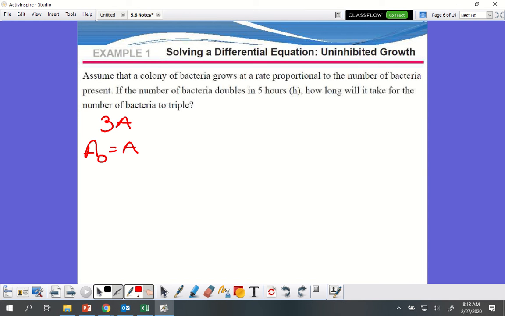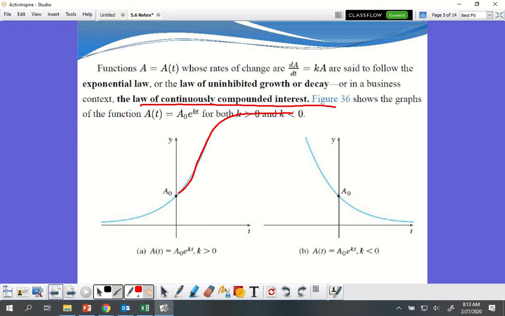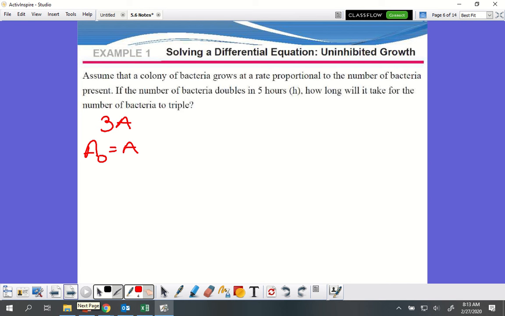And, let's see, doubles in 5 hours, how long will it take? So I have 2 points. Starting out, I have (0, A). And then in 5 hours, it's going to be 3A. Okay?